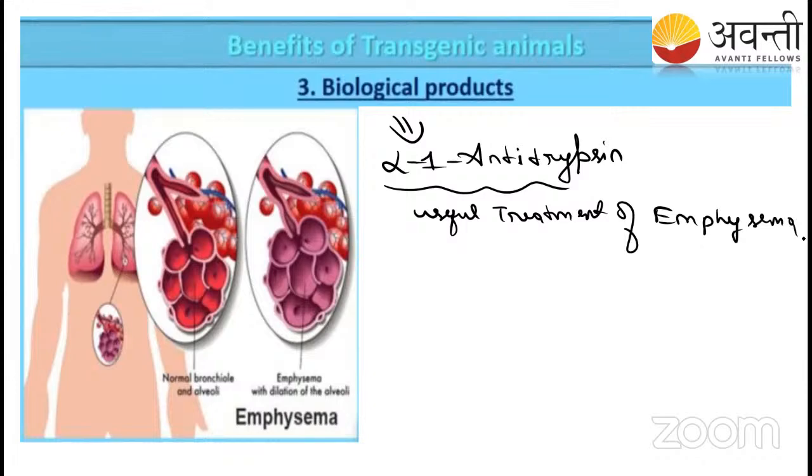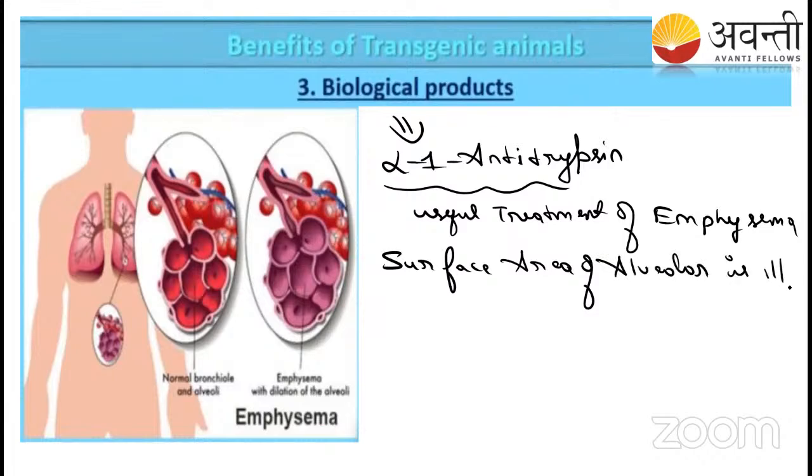It is usually seen in smokers. In emphysema, the alveolar region decreases, so the surface area of the alveoli decreases. See here, this is the alveolar.